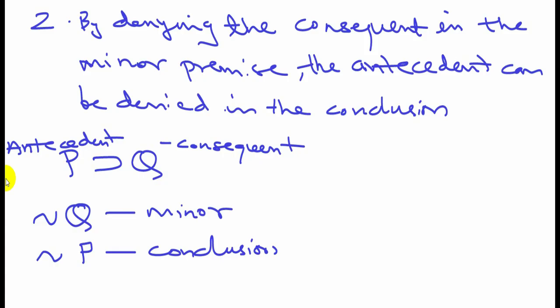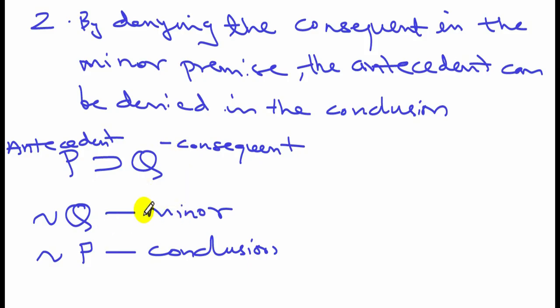An argument in accordance with this rule is said to be destructive or in the modus tollens. This rule will be violated if the minor premise denies the antecedent and the conclusion denies the consequent.